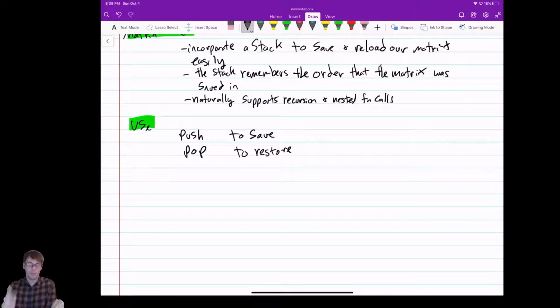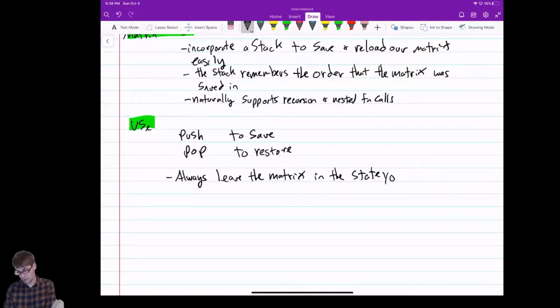And remember, I'm repeating this, the rule is always leave the matrix in the state you found it in. And if you do that, the problems go away, the problems we mentioned earlier. And this enables others to call your code and just put transformations in front of you, right? So others can call your code and use your code, and your code won't break the caller.